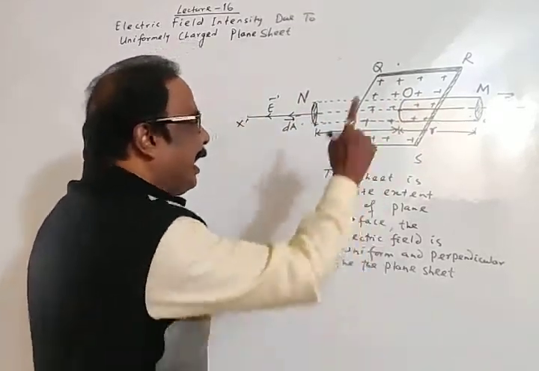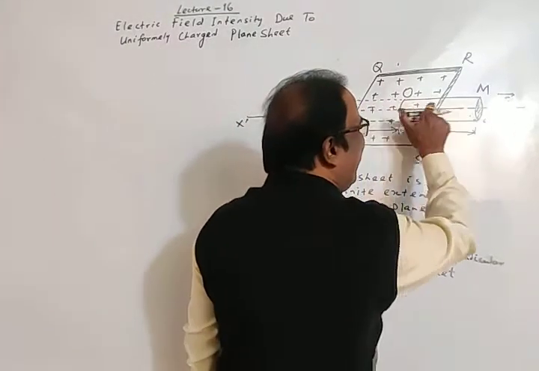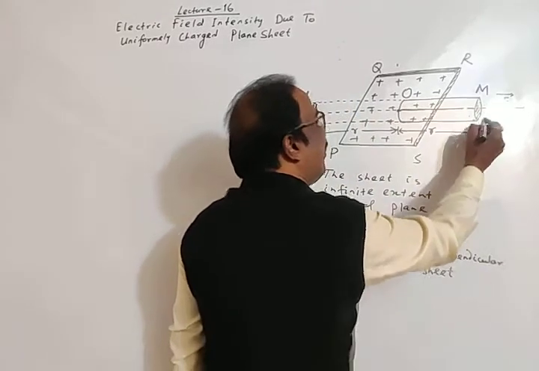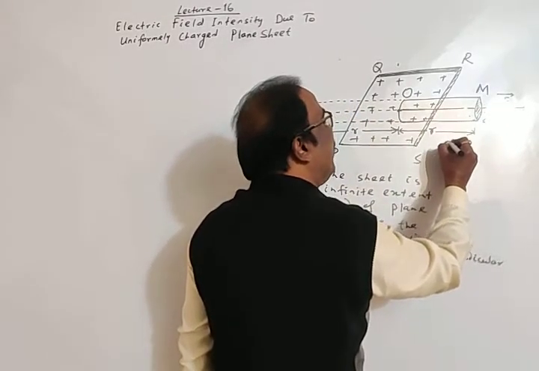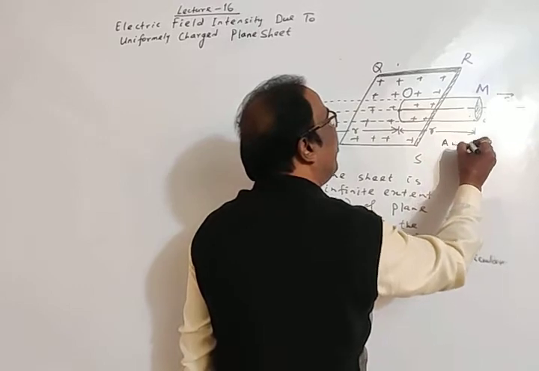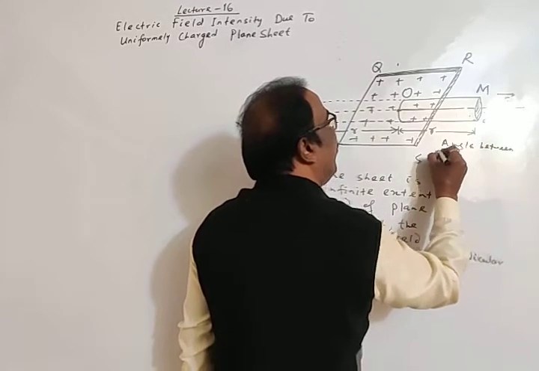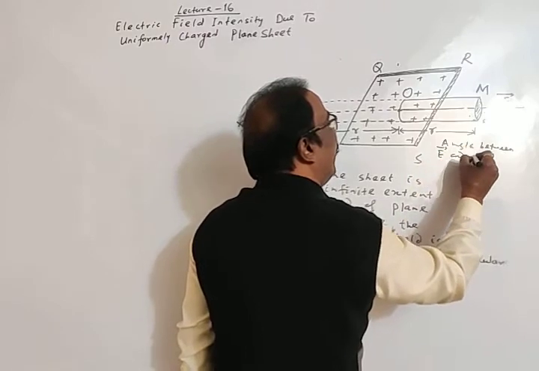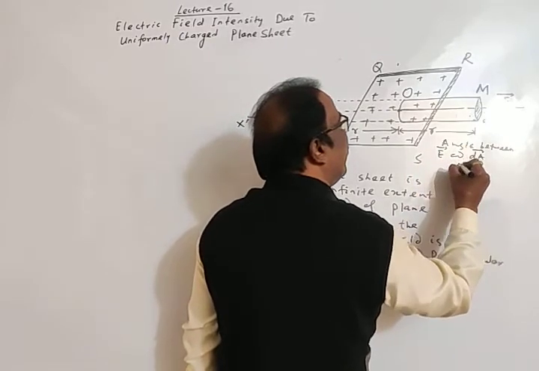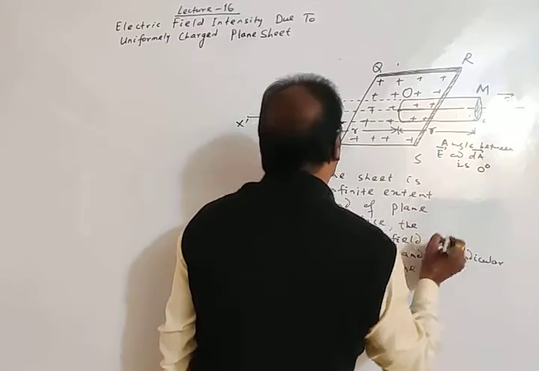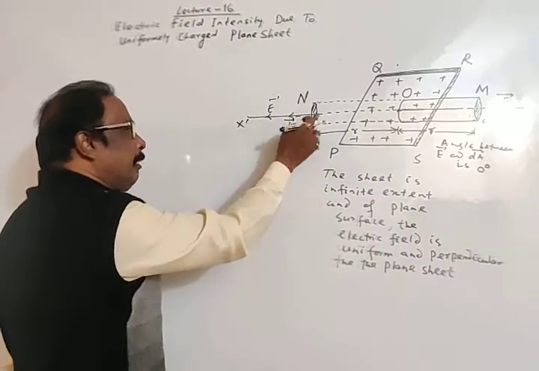At M, electric field and elemental area are in the same direction, so the angle between electric field and elemental area is 0 degree. Here also the same thing.